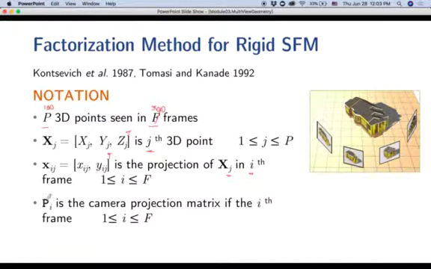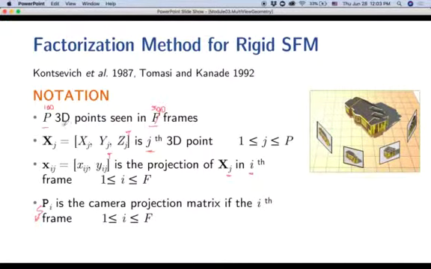In general this would have been a 3x4 matrix, but now I'm assuming an orthographic camera, so the third row I can cancel, and it's a 2x4 matrix. Really, it maps from a 4-vector to a 2-vector. We have seen orthographic cameras in the previous module. You revised it because you have a quiz today, so now you know it, right? Okay, all right. So that's notation.